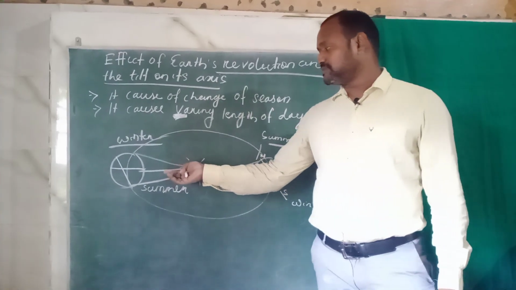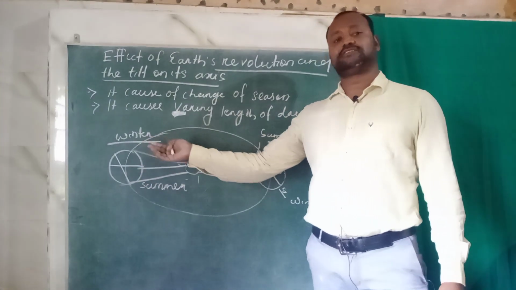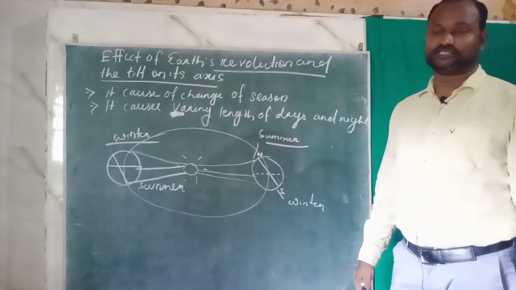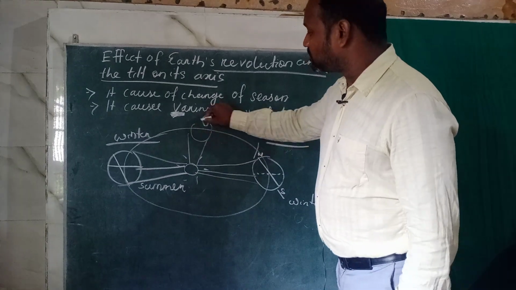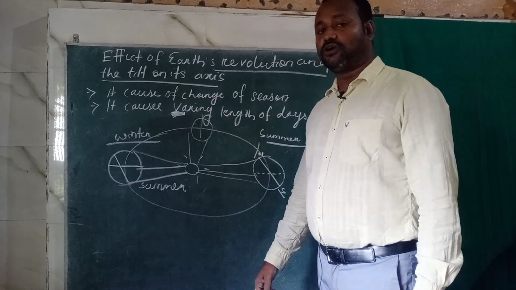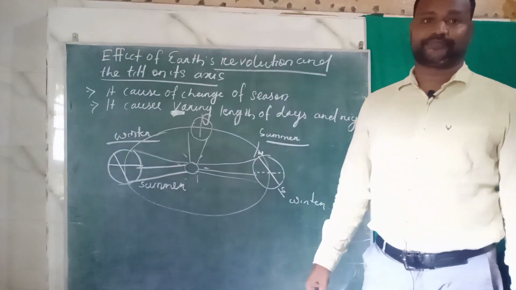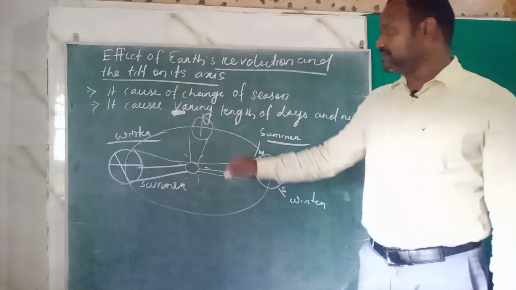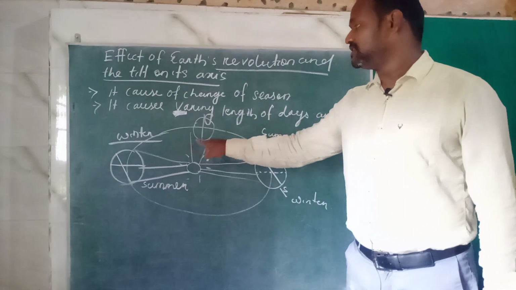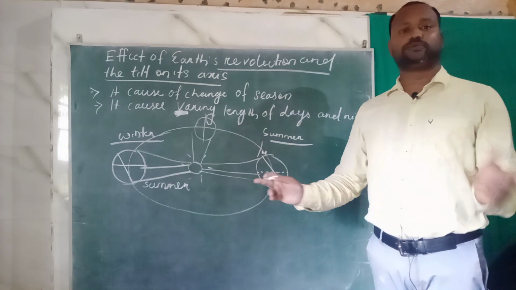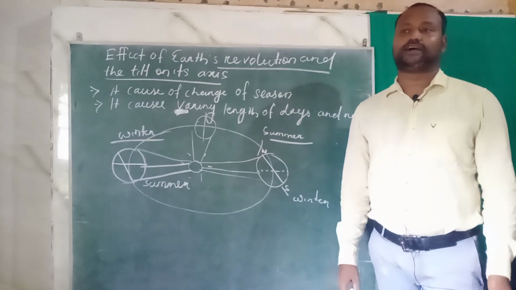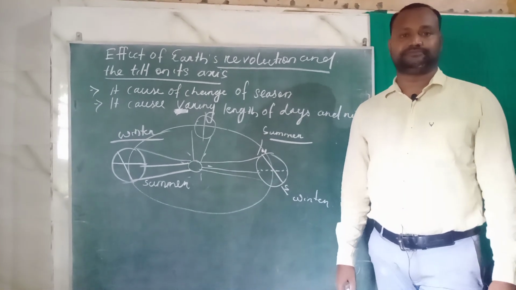When the southern hemisphere gets the direct sun rays, the northern hemisphere has winter, and in between, when they get an equal amount of sun, they must have autumn or spring. Here you can see in this position they get almost equal amounts of sunlight in the two hemispheres, then they have either autumn or spring.